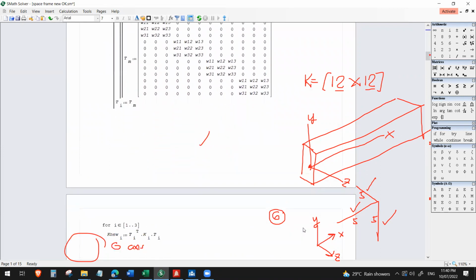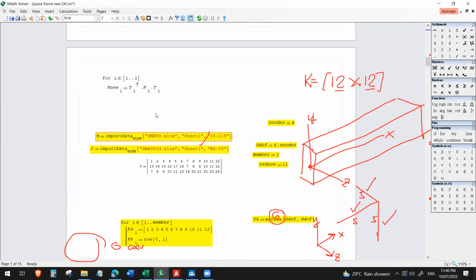Because the formula for the global stiffness matrix is this one, right? K global is equal to T transpose K local T, which is still the same with the concept from the beginning, the truss problem.